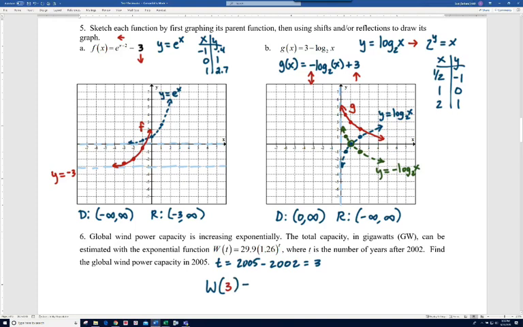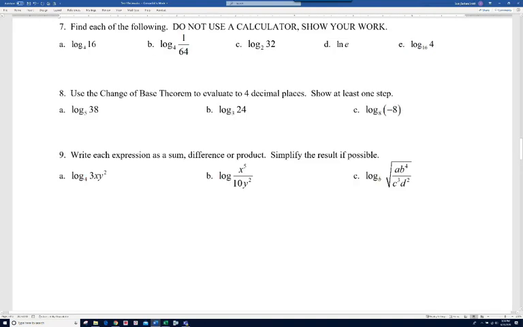And so we want to find W of 3. And so when you plug 3 into the function, you should get 59.8. And again, this is the capacity, which is what W(T) represents, in gigawatts. So it's 59.8 gigawatts.